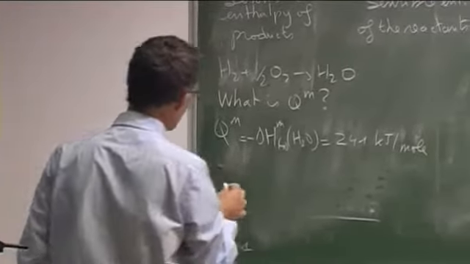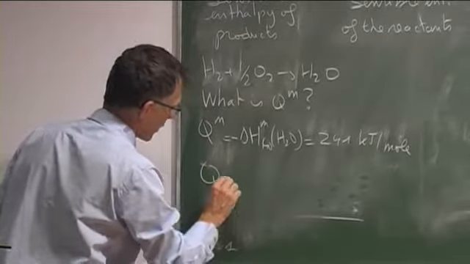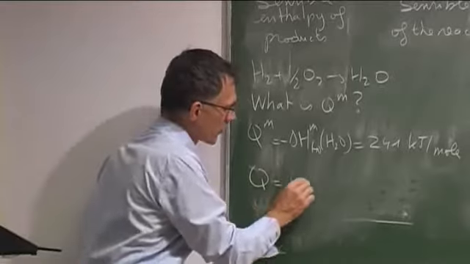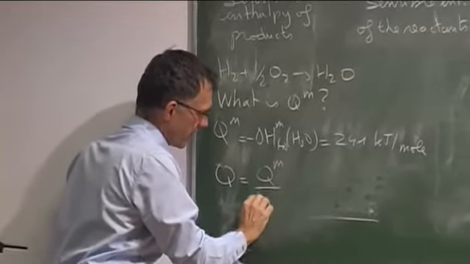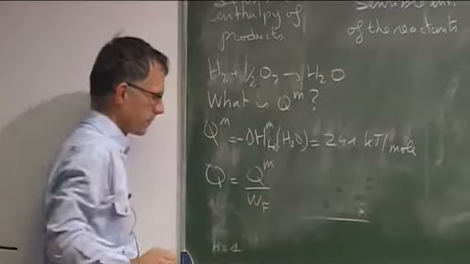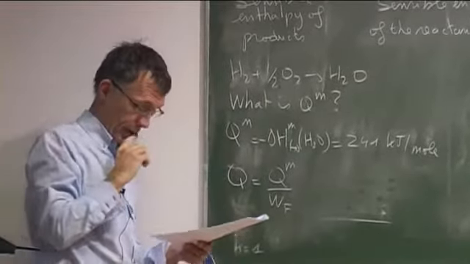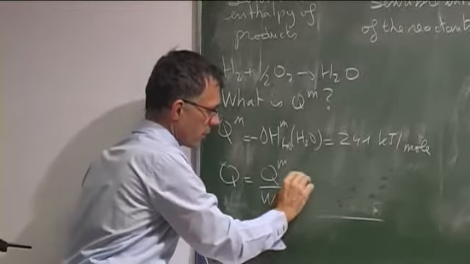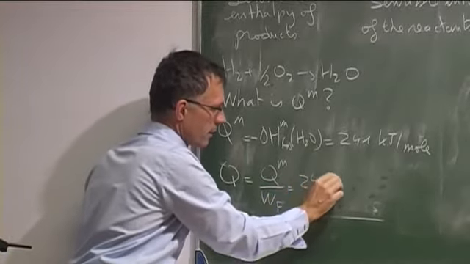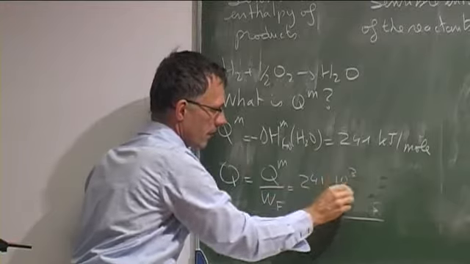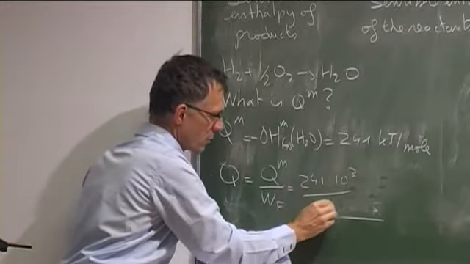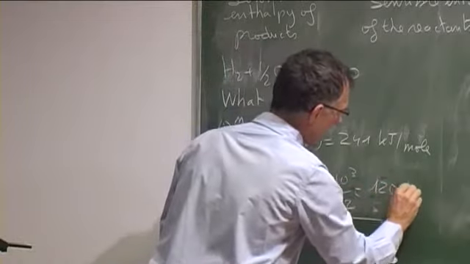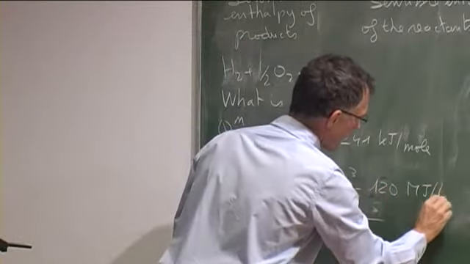There's a second quantity which is useful to define here, which is the heat of reaction per unit mass, which is just Qm divided by the mass of fuel. If you look at this number for hydrogen, it will give you 241 10 to the power 3 divided by 0.002, and that's 120 megajoule per kilogram.